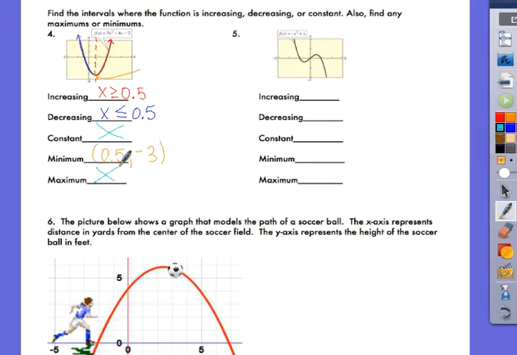There's a lot you can tell from a function by looking at its graph. Min, max, where it's increasing, decreasing, where it's staying constant. All right, let's look at number 5, increasing. What's it doing here? It's decreasing here, then it's increasing, and then it's decreasing. Okay, so it's increasing right about there, right?